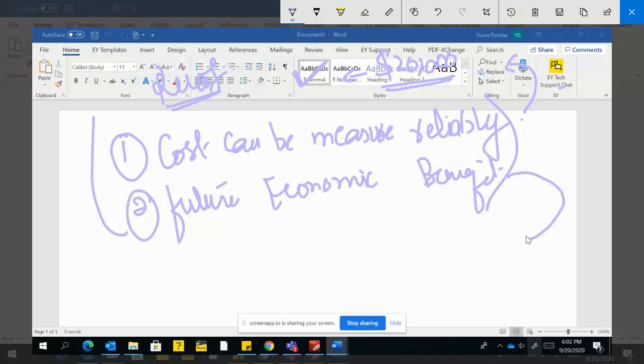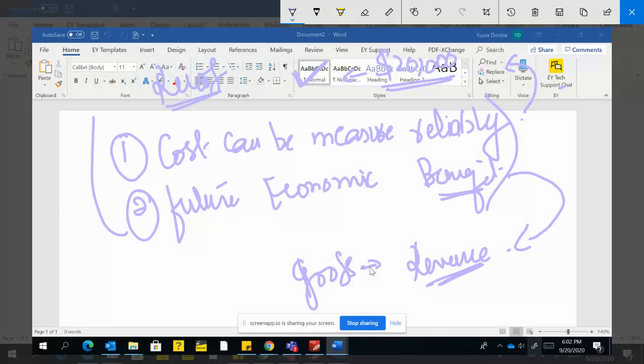The second criteria is future economic benefit. So what does it mean? The future economic benefit means your asset must give you a future economic benefit. Your asset must be producing goods and generating revenue for you.